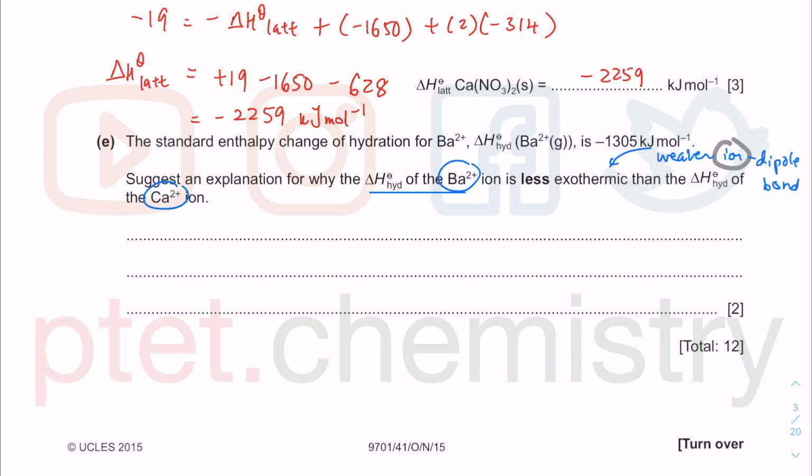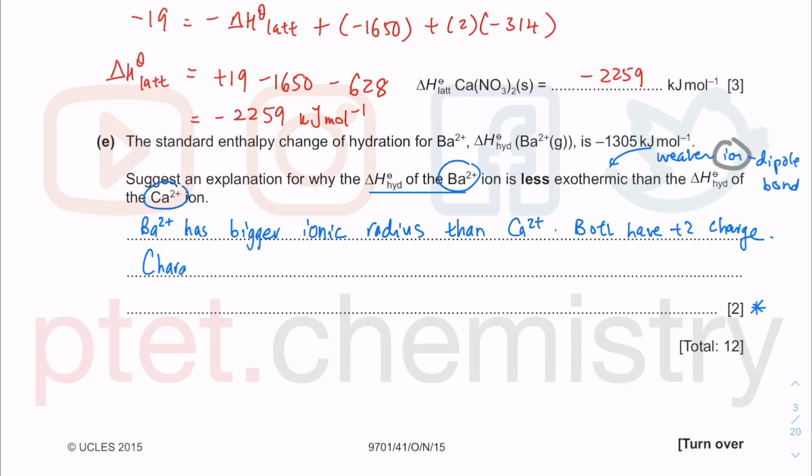So for 2 marks, what we can say first of all is Ba2 plus has a bigger ionic radius, or is much bigger compared to Ca2 plus. But then we must also talk about the size. So bigger ionic radius than Ca2 plus. So that's the size. Both have +2 charge. So then we have to talk about charge density. Charge density is charge over size.